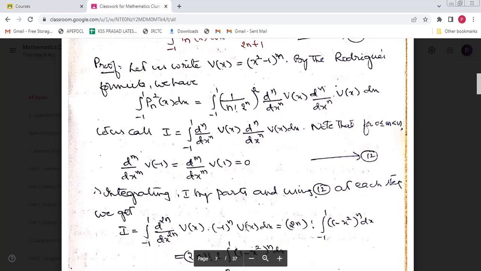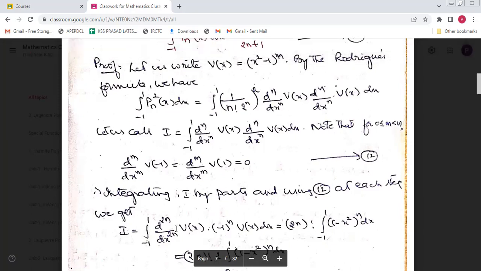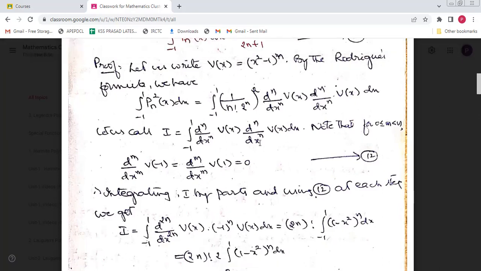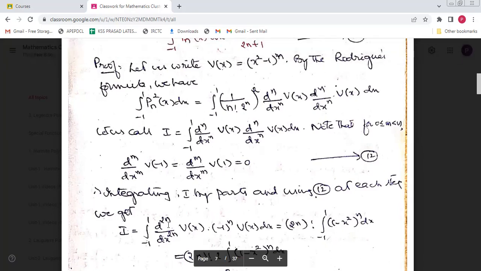I equal to integral -1 to 1, d power n by dx power n, into d power n by dx power n. Totally how many times are we integrating? 2n times we are integrating. So 2n times derivative of v of x into (-1) whole power n into v of x dx.